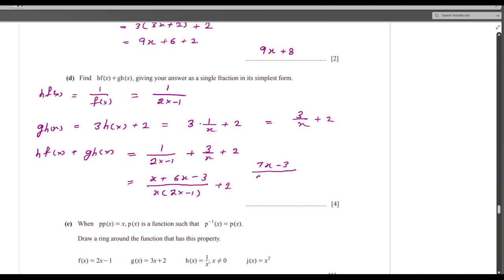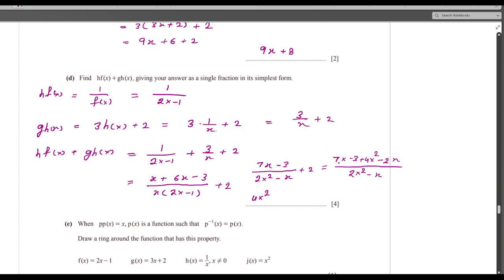So it is 2x square minus x, and then this is plus 2. So again we will cross multiply. It is 7x minus 3 plus this is 4x square minus 2x whole divided by 2x square minus x. So finally it is 4x square.